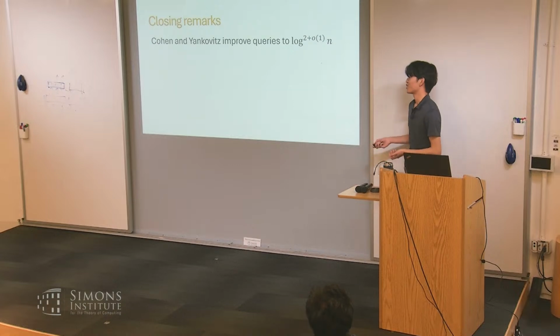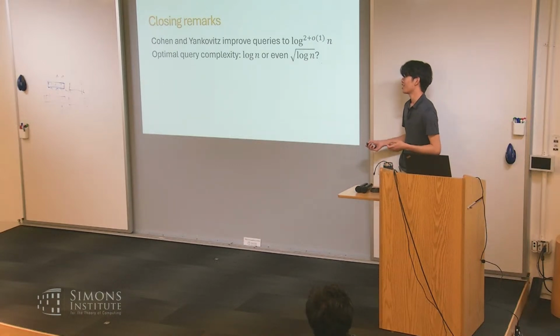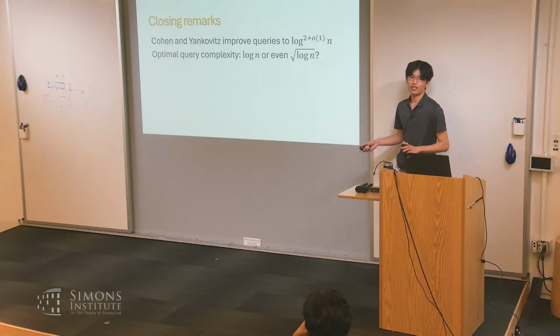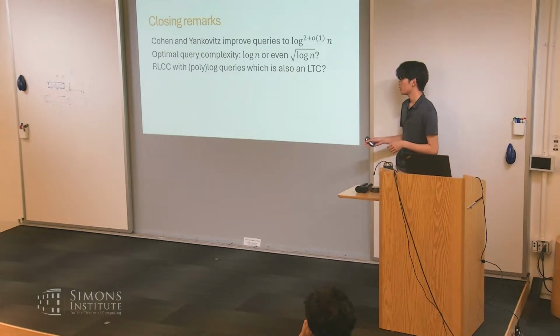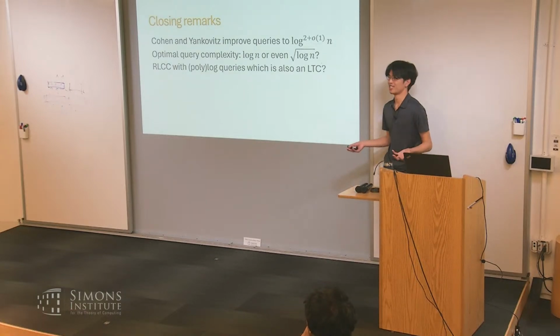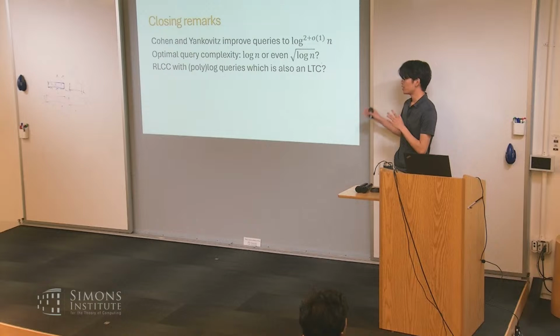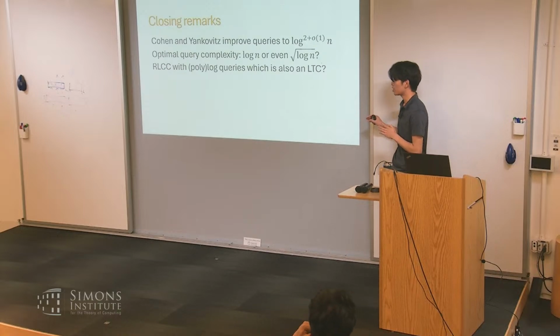The obvious question is, can the query complexity go down to like log n or even square root log n, or can the lower bound be improved? Another open question is, can we get RLCCs with polylog queries which are also simultaneously LTCs? When we do this nesting, we lose the LTC property because we're taking a subcode of an LTC, and you can't really test whether you're in the subcode.